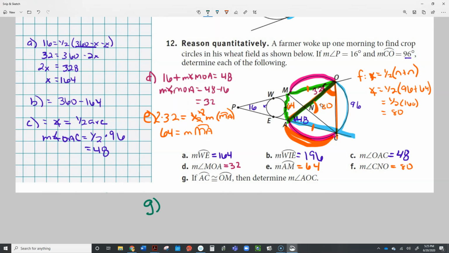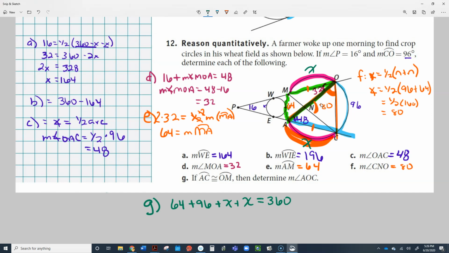Okay, so I know that 64 is one arc plus 96 is the other arc, and these other two are equal, so I'm going to call them X because they're the same measurement. So if this is X, this is X. Okay, and I know that all of those have to equal 360 because that's how far around the circle is.